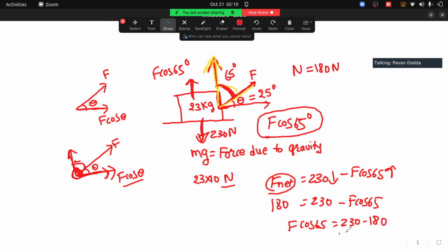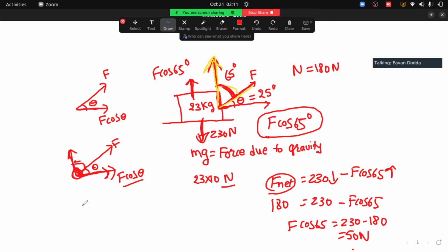And what's this value? 230 minus 180, let me check. Yeah, it's 50. I read the wrong thing. No problem. So this is 50.